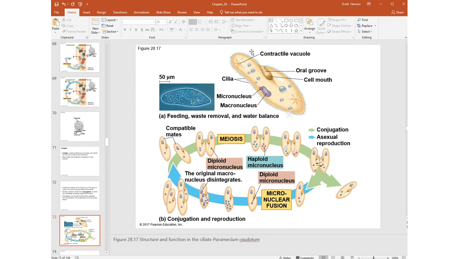And so here are cilia covering this cell, and here's a micronucleus and a macronucleus. You can see that cilia are present in larger numbers than flagella, and they're also shorter than flagella.